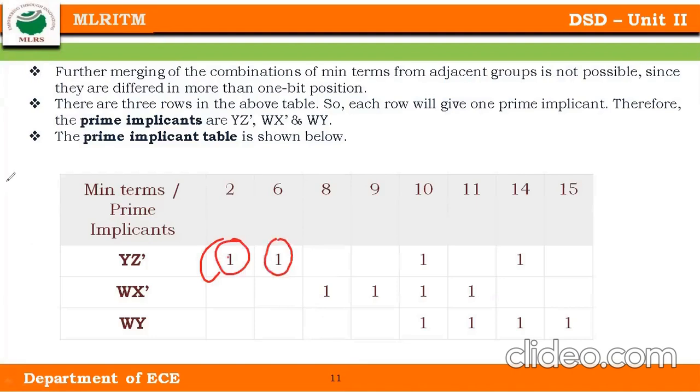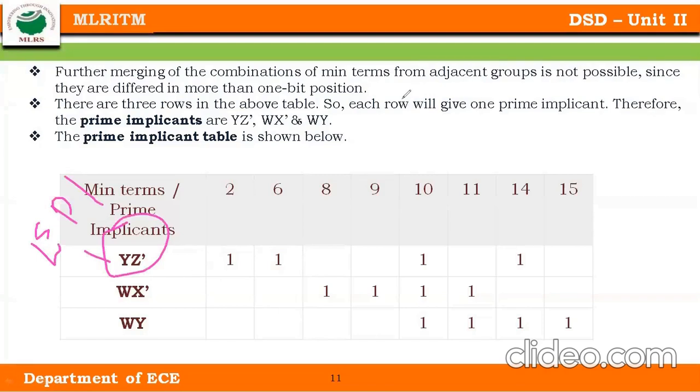This is somewhere pairing, this is somewhere, so y and z dash is an essential prime implicant, which means that y z bar should be in your output.